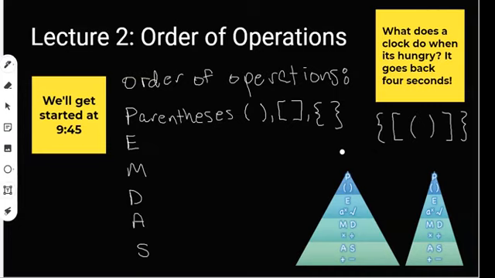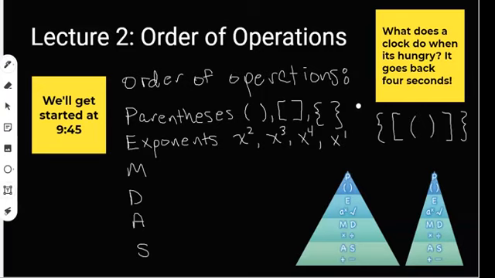So the P stands for parentheses and then the E stands for exponents. Now, you've probably seen exponents before. Typically, you'll have a variable like X or Y, and then above the X, there'll be a tiny number called the exponent, like 2. So you would have x squared, or maybe x cubed, where the exponent is 3, or x to the 4th power, or just x to the 1st power.